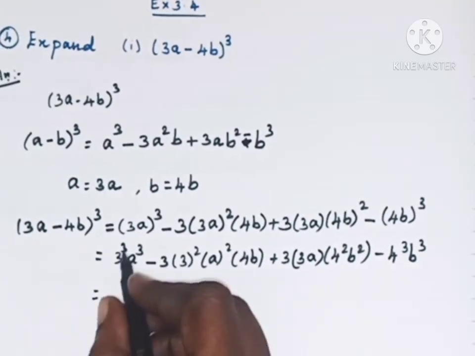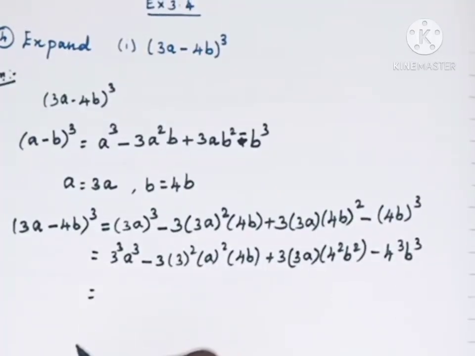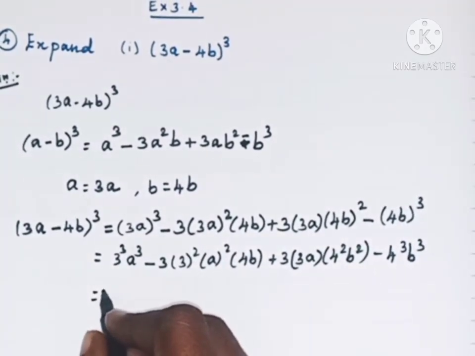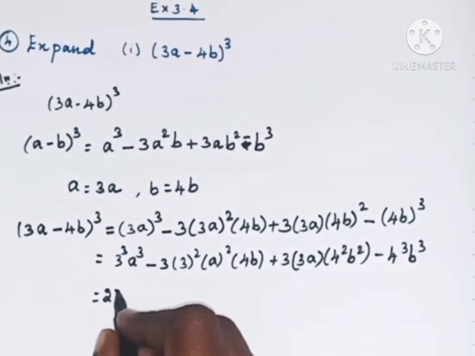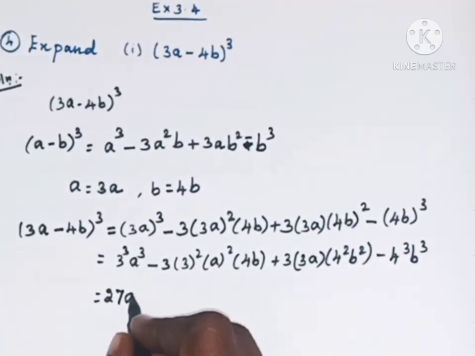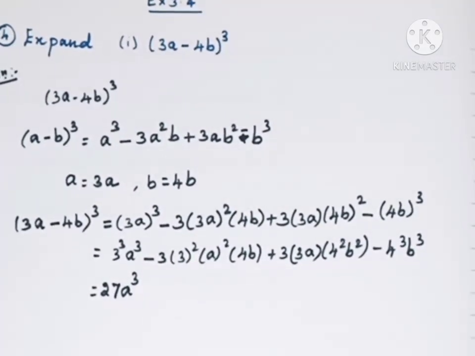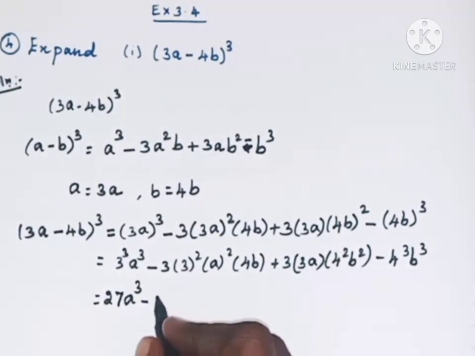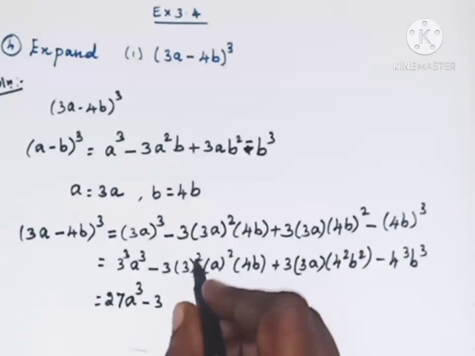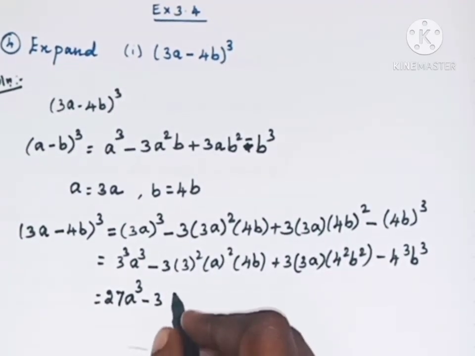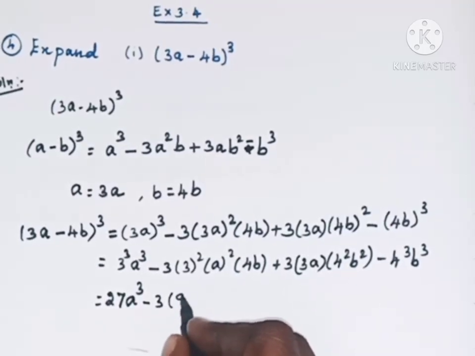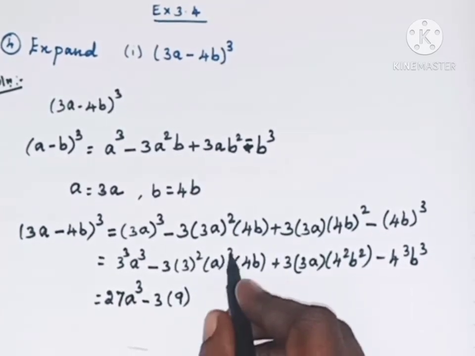Now 3 cube is nothing but 3 into 3 into 3. 3 3s are 9, 9 3s are 27, so 27 a cube, minus 3 into 3 square. 3 square is 3 3s are 9, so put 9. Again a square.